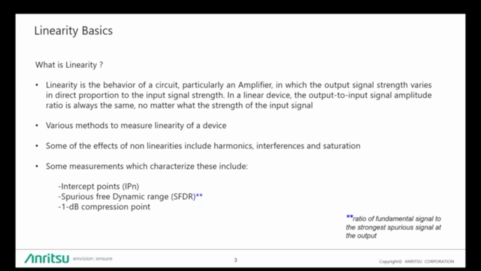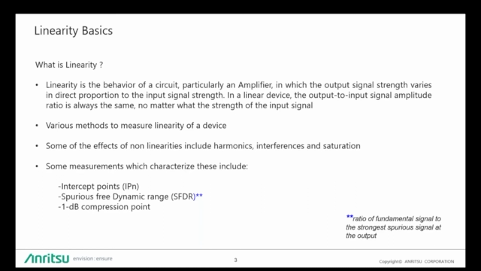Now you keep increasing the power right up to, let's say, 0 dBm at the input. Now you expect plus 10 dBm at the output in accordance with a gain of 10 dB. But if you don't see that and the gain drops, for example, to 9 dB, then the device has become nonlinear and it's entered compression.